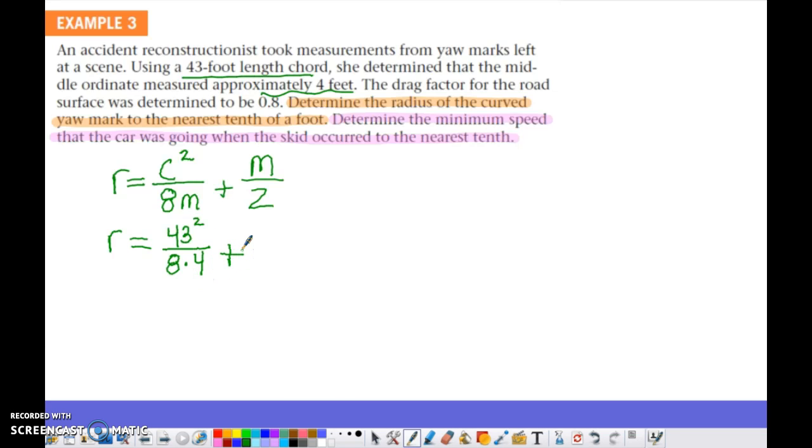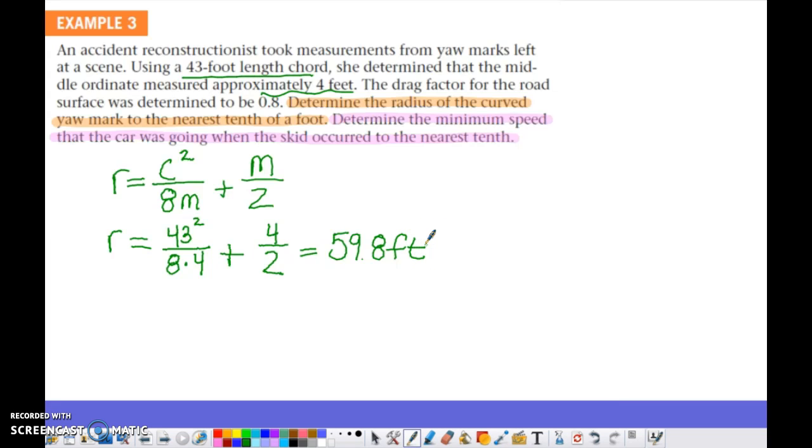Plus m over 2, we said m was 4, so we just take 4 over 2. Just plugging in what we know into the formula. When I plug those things in, rounding to the nearest tenth of a foot, my radius would be 59.8 feet.